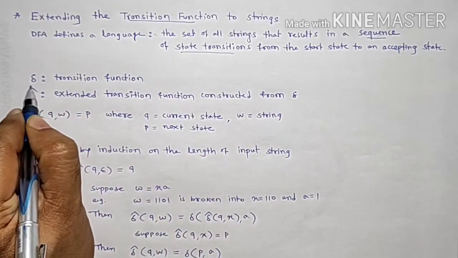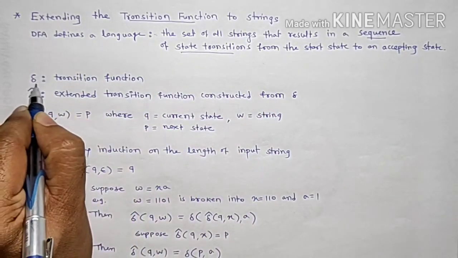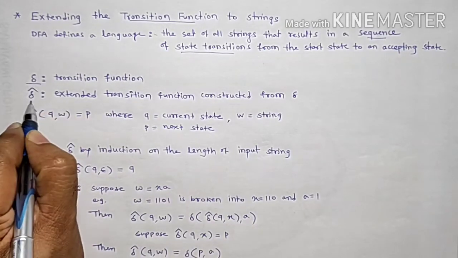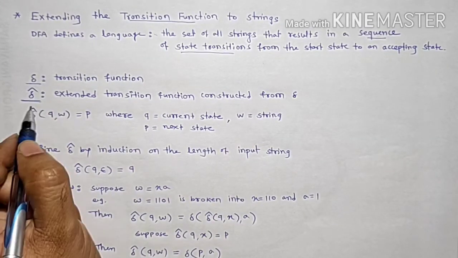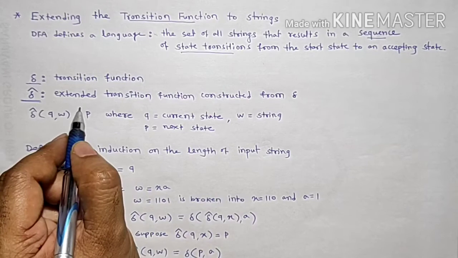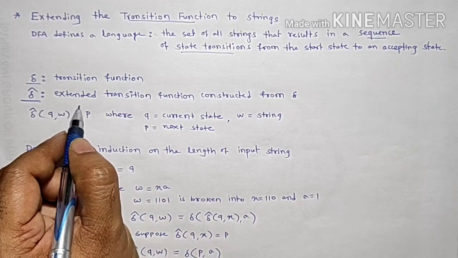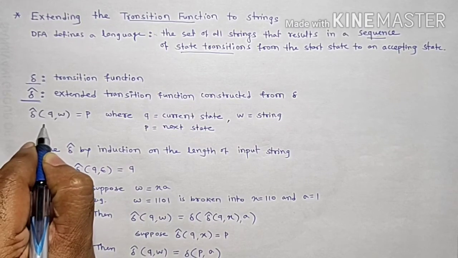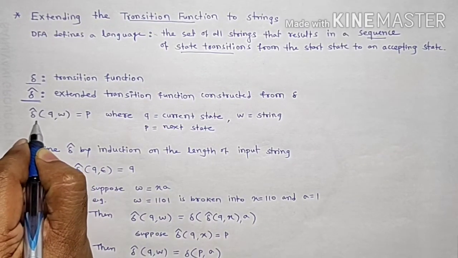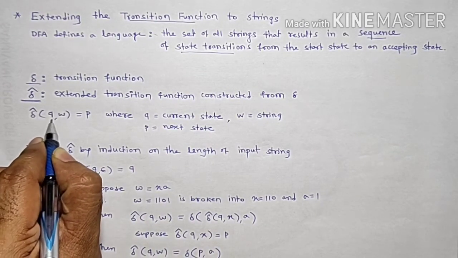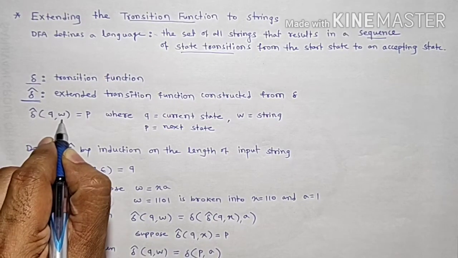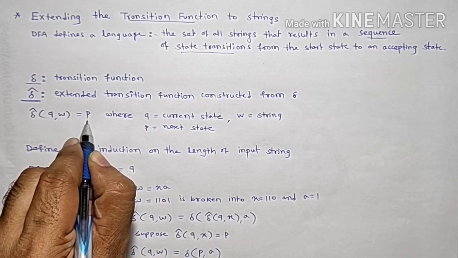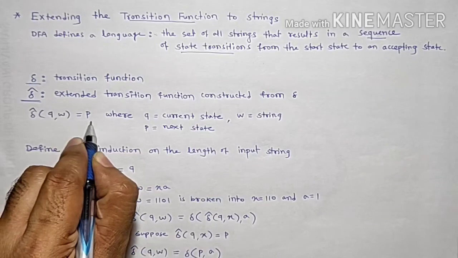Now if delta is the transition function of the DFA, then we can say that delta cap is the extended transition function, which is constructed from delta. So delta cap, the extended transition function of state q on the string w, results in the next state p.